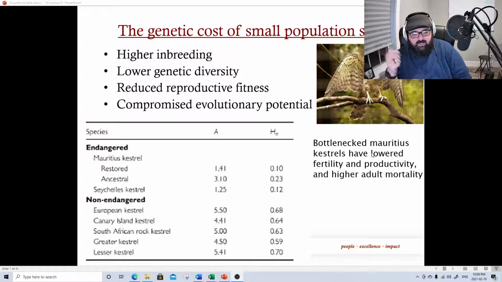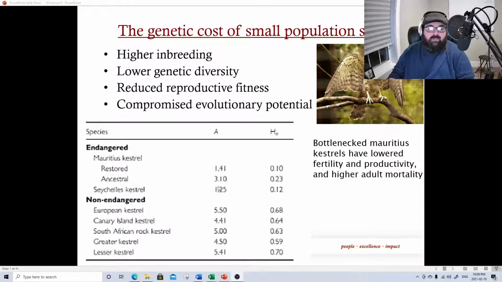So they did a genetic analysis on them, and you can see the allelic diversity is 1.4, and their expected heterozygosity, which is a really good and easy measure of genetic diversity, is 0.1. Ancestrally, it was more than double that, and the allelic diversity was 3 times what it is now.